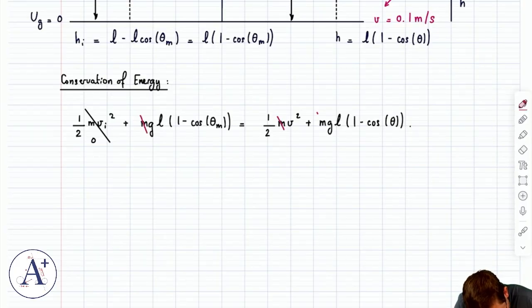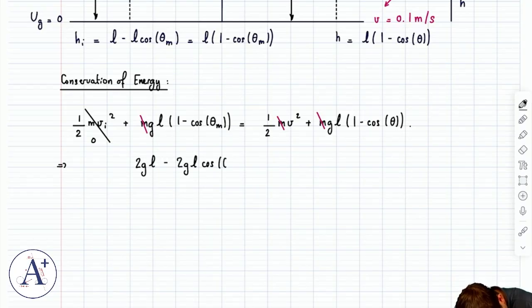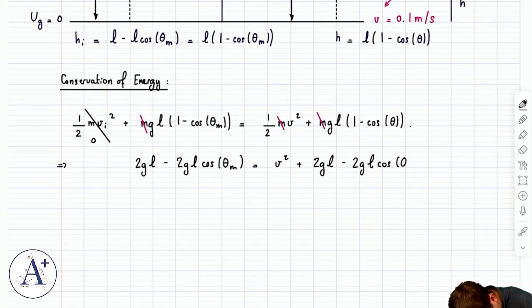M is going to drop out. Okay, and I want to get my hands on theta. So let's see what we can do. Let's first multiply everything by 2 to get rid of the fraction. We're going to get 2gL minus 2gL cosine theta m is equal to v squared plus 2gL minus 2gL cosine of theta.